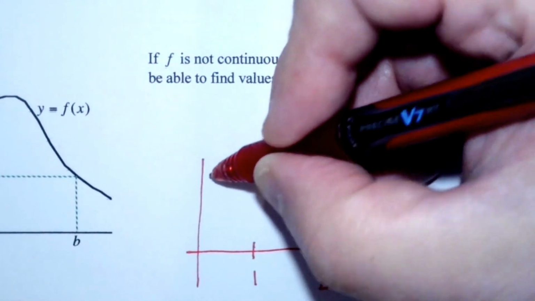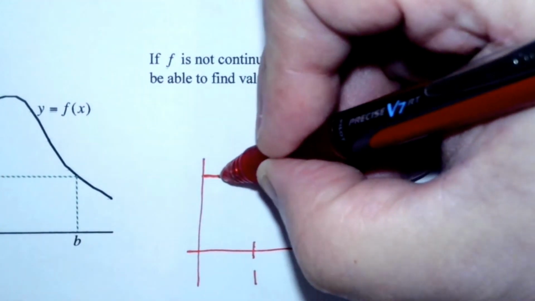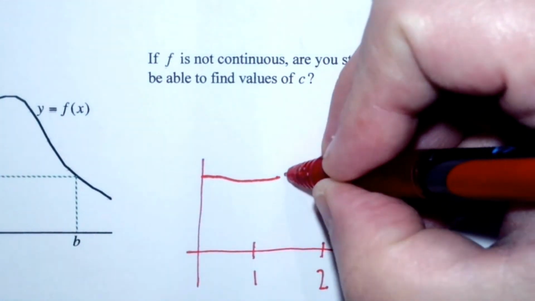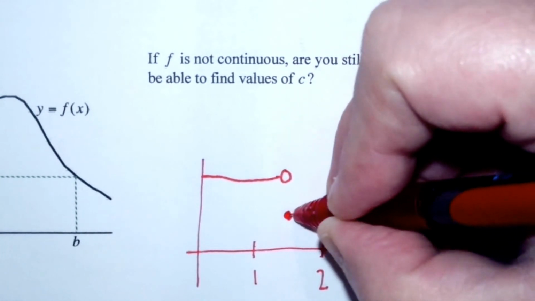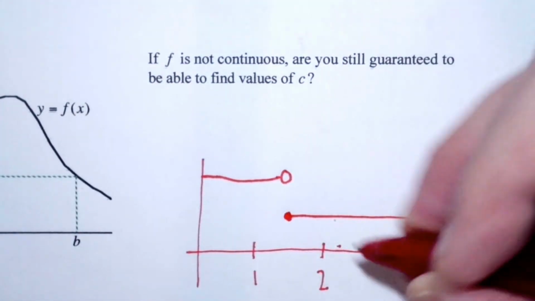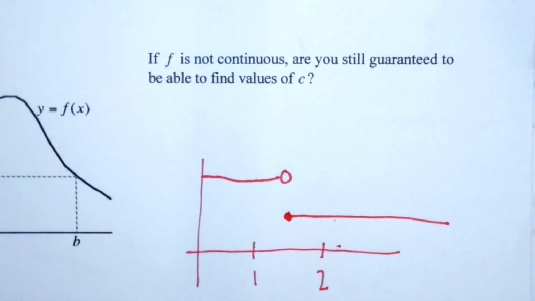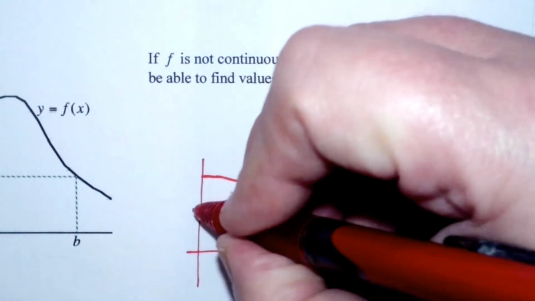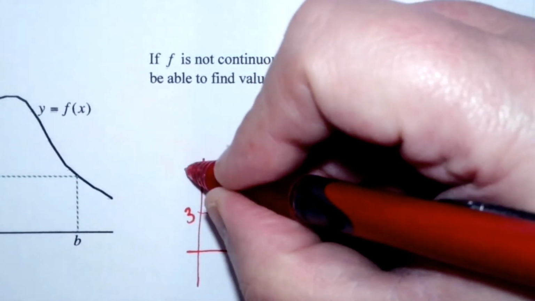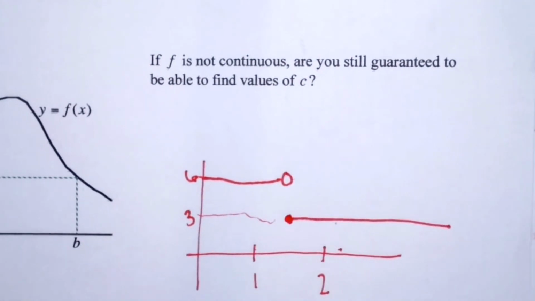And let's take a function that looks like this. Let's say it's constant on, say, this interval and constant on that interval. So let's say that this is, I don't know, let's make that 3 and that 6.